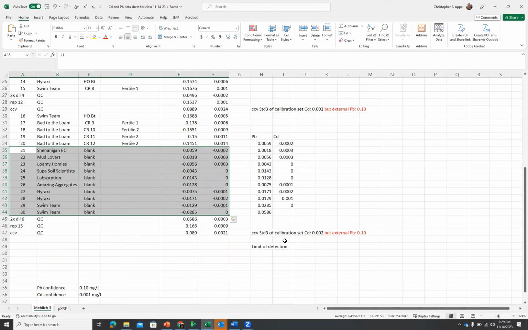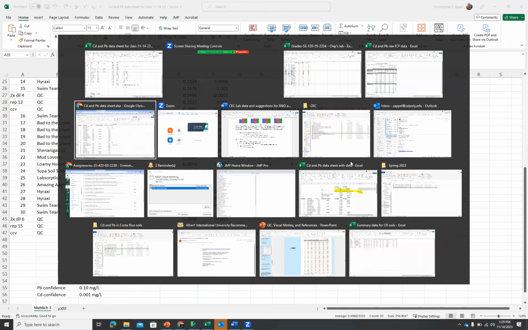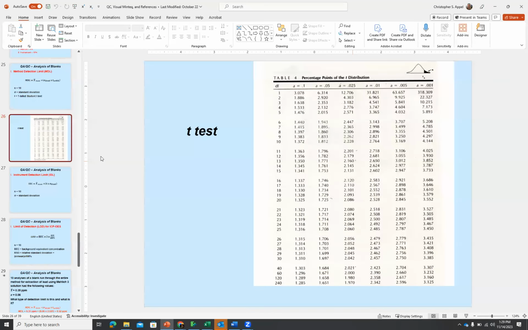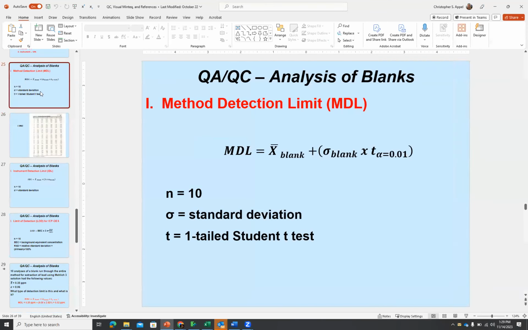Okay, so let's do that first. Let's calculate a method detection limit. And just to refresh your memory on the method detection limit, does anyone remember the formula for that? That's right, but that's for accuracy, right?